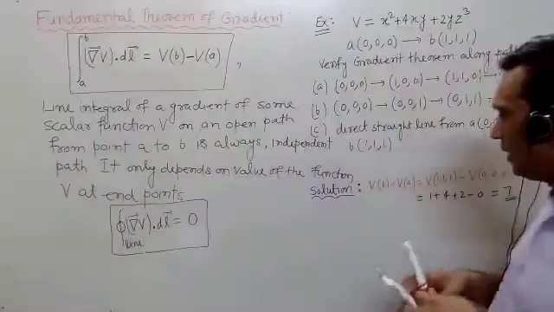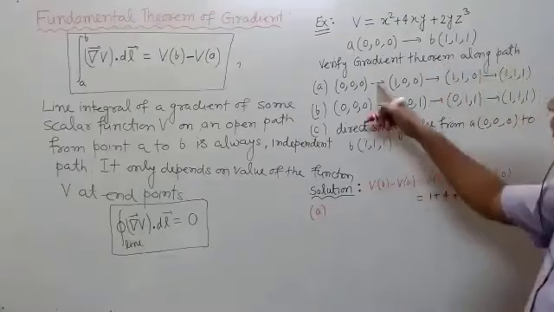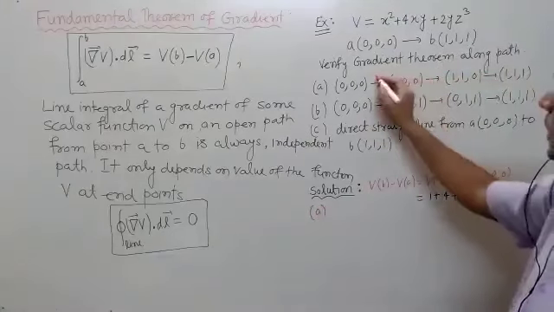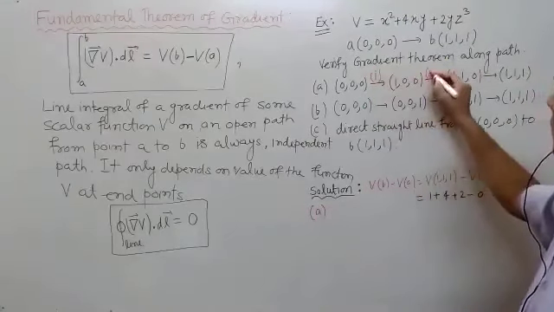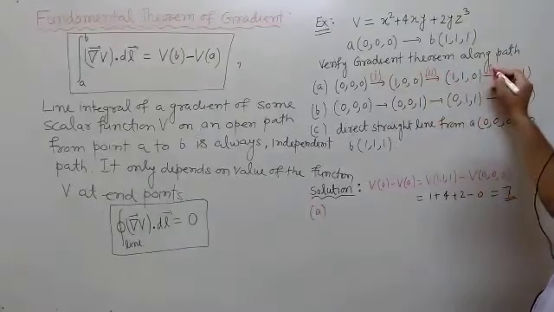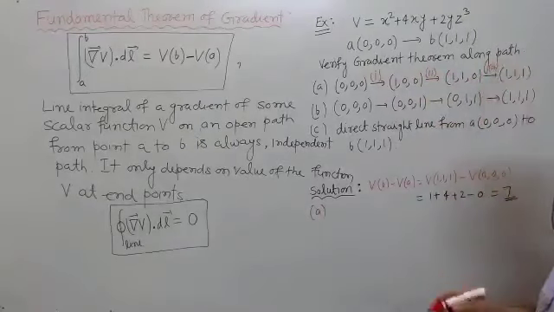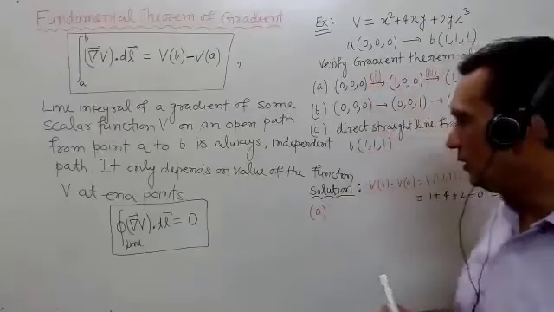So let us consider along path 1. Divide this path from A to B into different segments. Let's take this as segment 1, this is segment 2, and this is segment 3. And along each segment, we have to find the line integral.